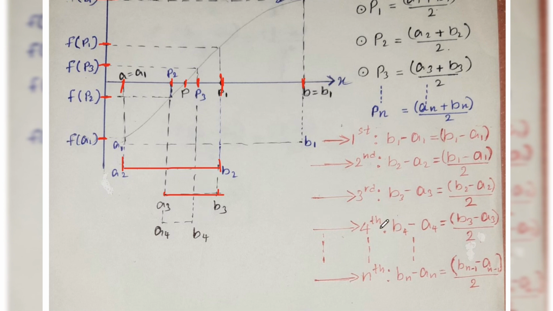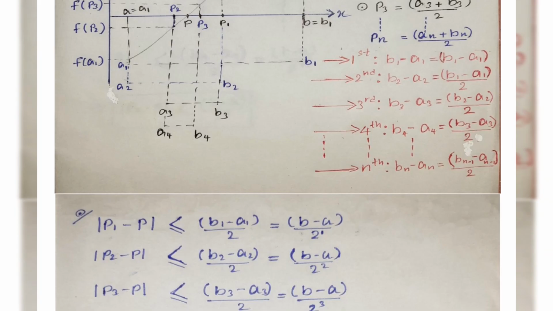It is our fourth iteration, and I can write b4 minus a4 is equal to half of b3 minus a3. Now we have to do this process again and again until we find the value of p. Therefore, for the nth iteration, bn minus an is equal to half of the previous iteration.